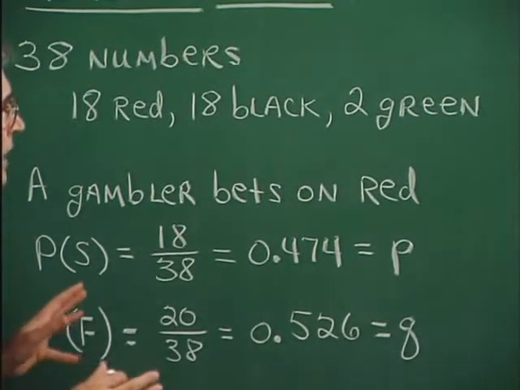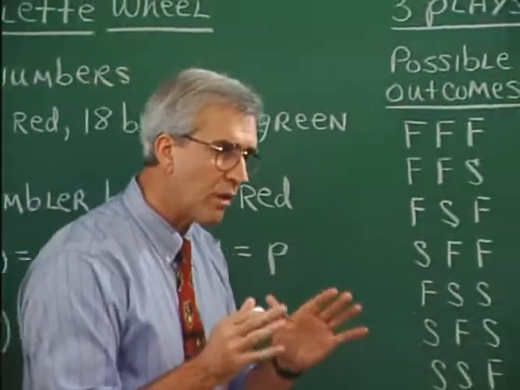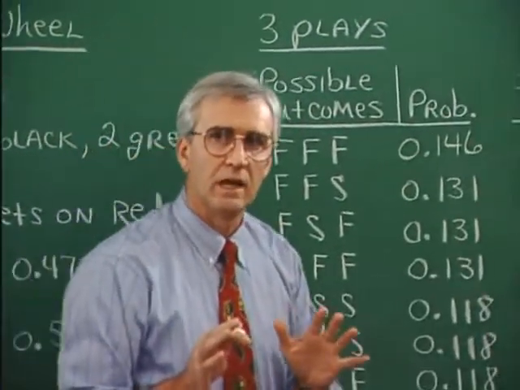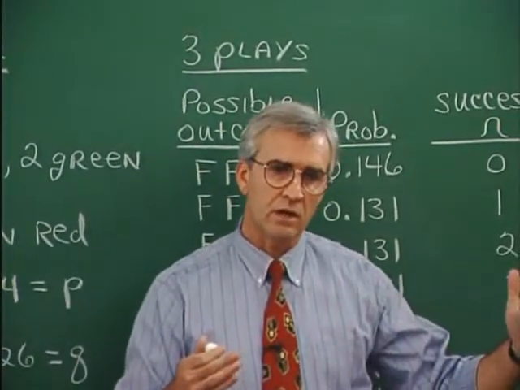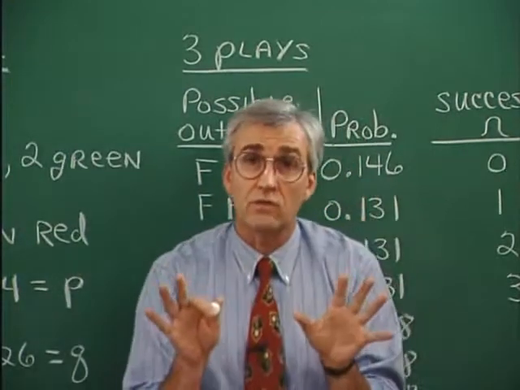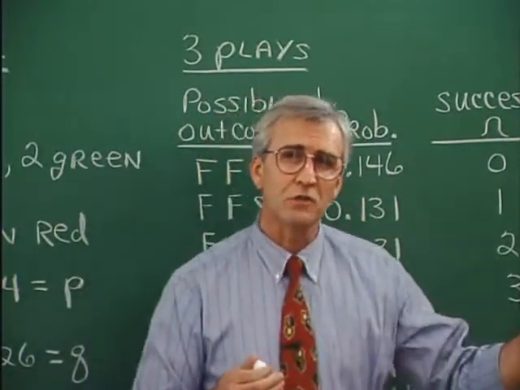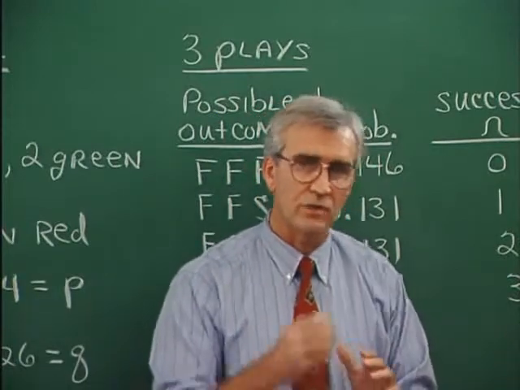Now let's talk about the possible outcomes in this situation, and we want to figure some probabilities here. We're flowing with a conversation, and we're not going to come to any conclusions. We're just going to notice some things for a little while, and then we'll come to some conclusions at the end of this discussion.